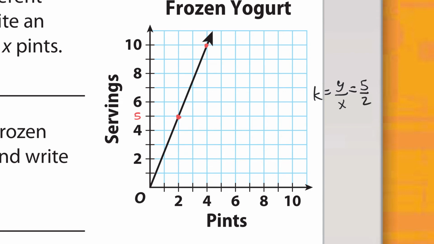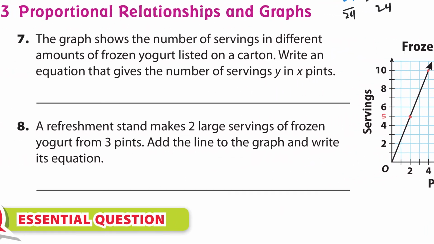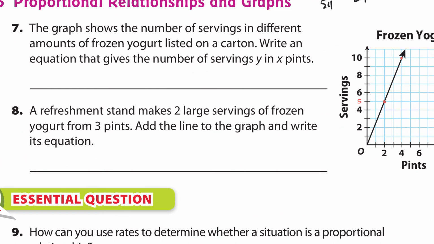That is k. And write an equation. The y value, which is servings, is equal to 5/2 times the number of pints. Or you can have the decimal equivalent: y is equal to 5 divided by 2, which is 2.5, times x.